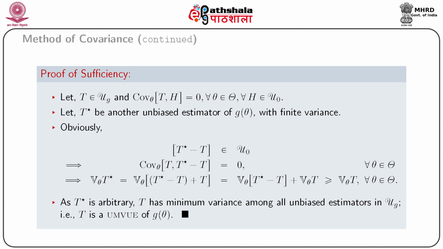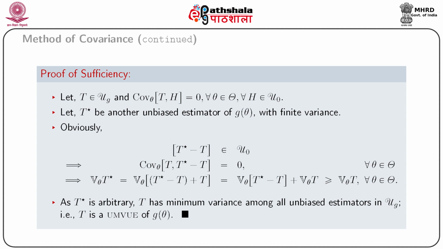Now, variance of T star is equal to variance of T star minus T plus T, which is equal to variance of T star minus T plus variance of T, because covariance of T comma T star minus T is equal to 0.